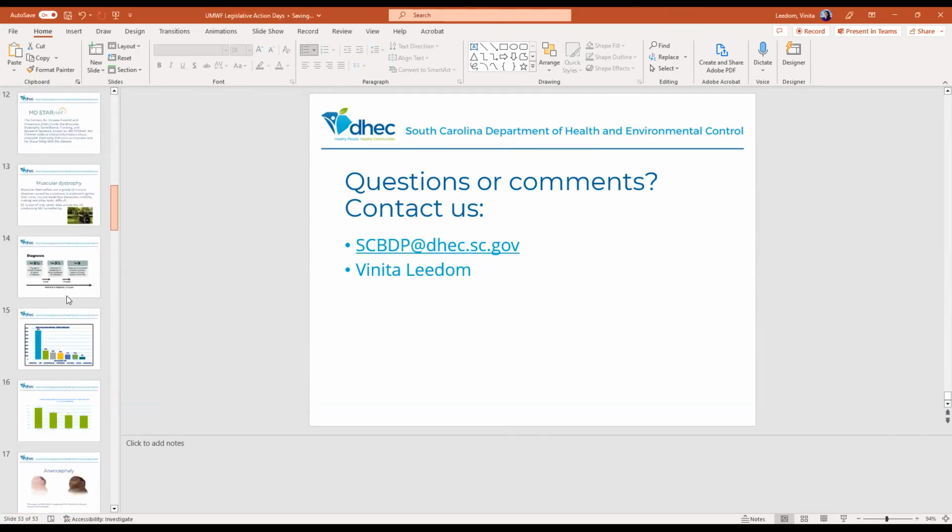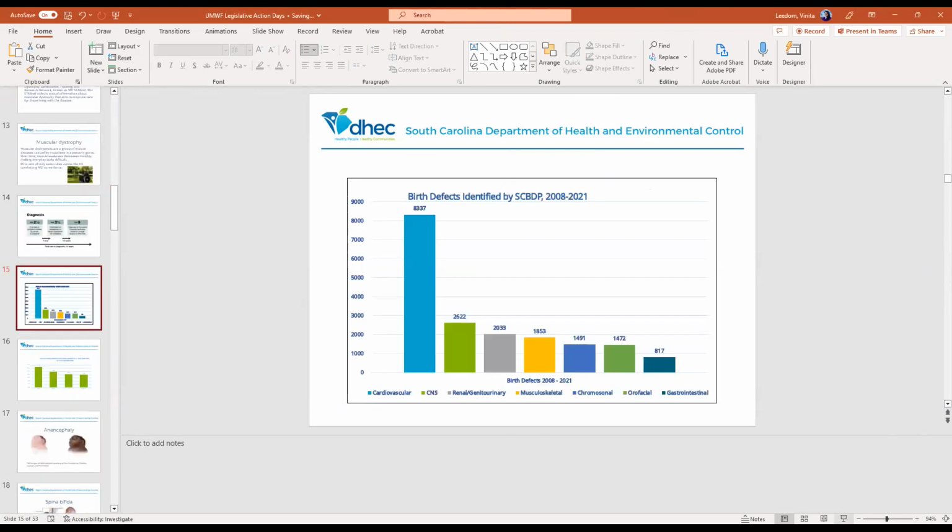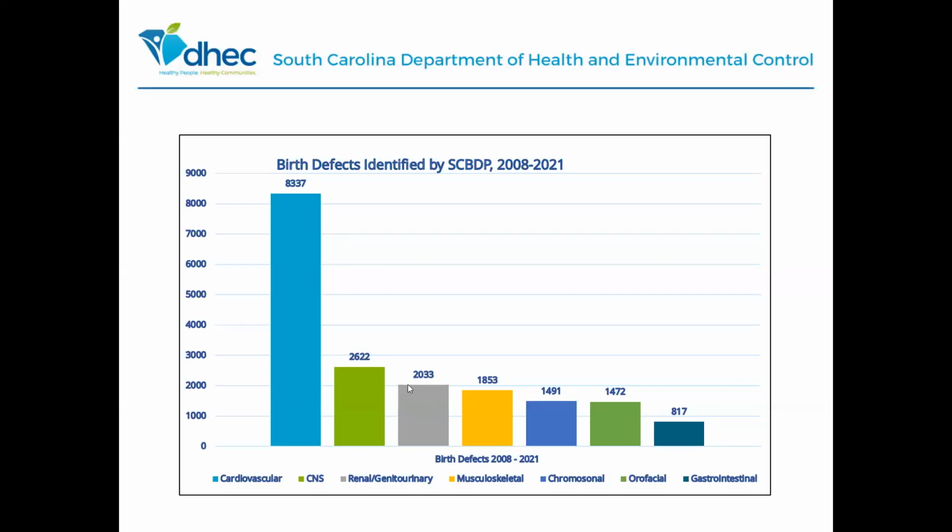If you look at this slide, this shows the distribution of birth defects in South Carolina by category. These are congenital heart defects, cardiovascular defects. Since 2008, there have been over 8,000 cases identified. Second most common are brain anomalies and anomalies of the nervous system.